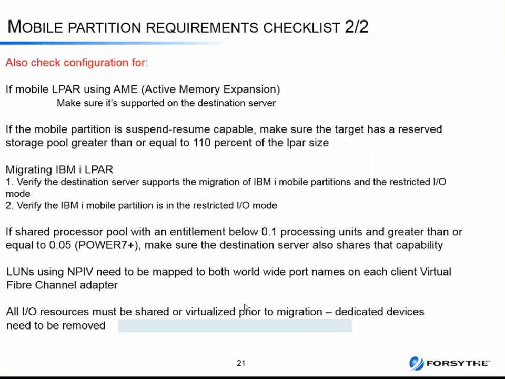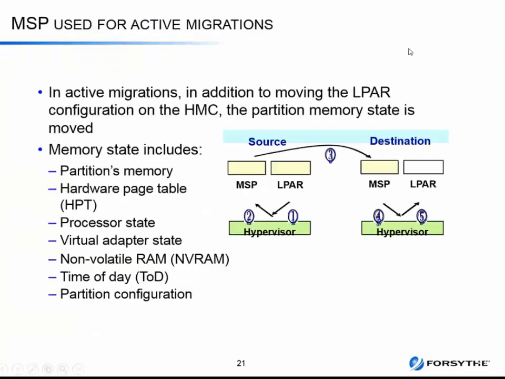And I already said that everything needs to be virtualized just before the migration. Remember I talked about that MSP checkbox? The MSP is only used for active migrations. So what the MSP is actually going to be doing is moving that memory.